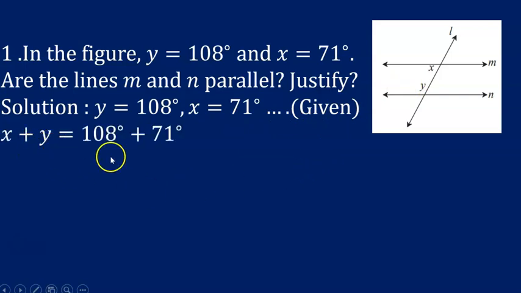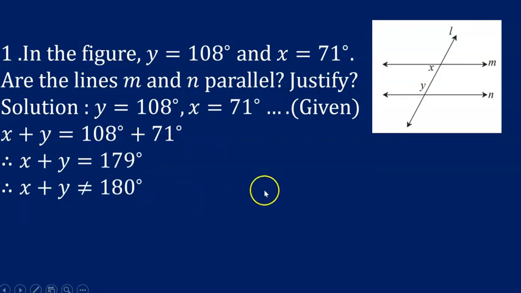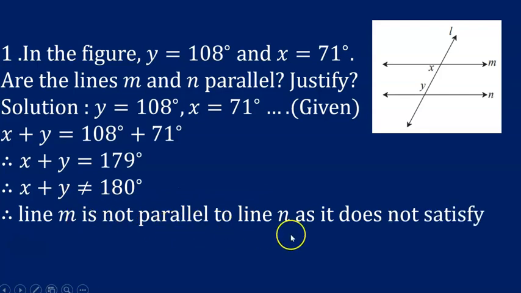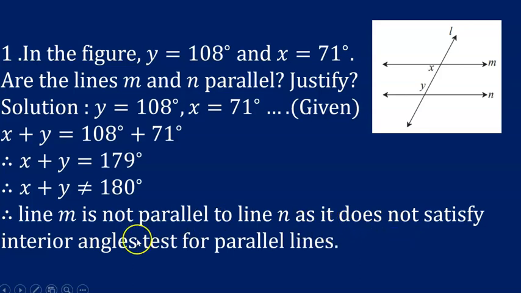X plus y is equal to 108 plus 71 and that's equal to 179 degrees. X plus y is not equal to 180. Line M is not parallel to line N as it does not satisfy the interior angle test for parallel lines.